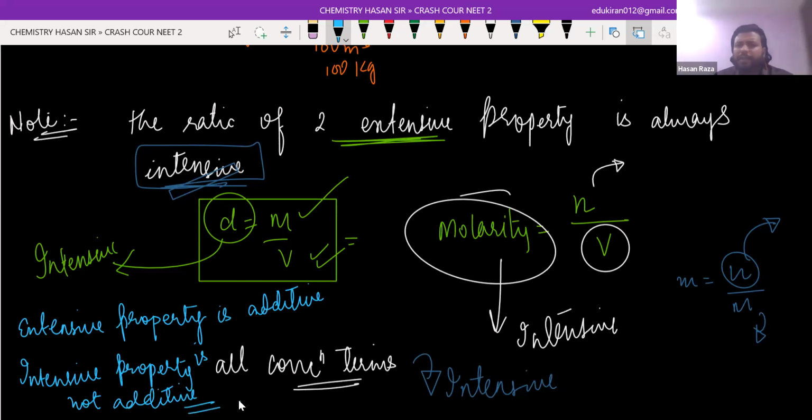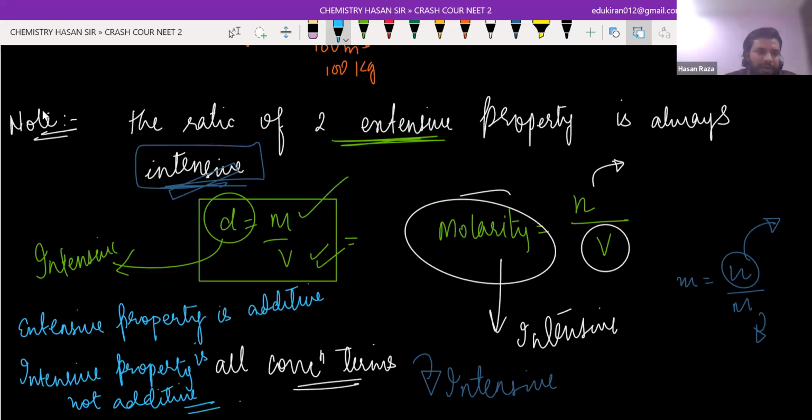See, it's a very simple example. 5 kg mass is extensive. 5 kg water, 5 kg anything, 5 kg apple, if you add 5 kg apple and 5 kg apple, you will get 10 kg apple. But if you take the density, whether the volume of water is 10 liter or 10 million liter, the density of water will be 1 gram per ml. Are you getting my point? Yes, sir. That's why an intensive property is not additive in nature and an extensive property is additive in nature.